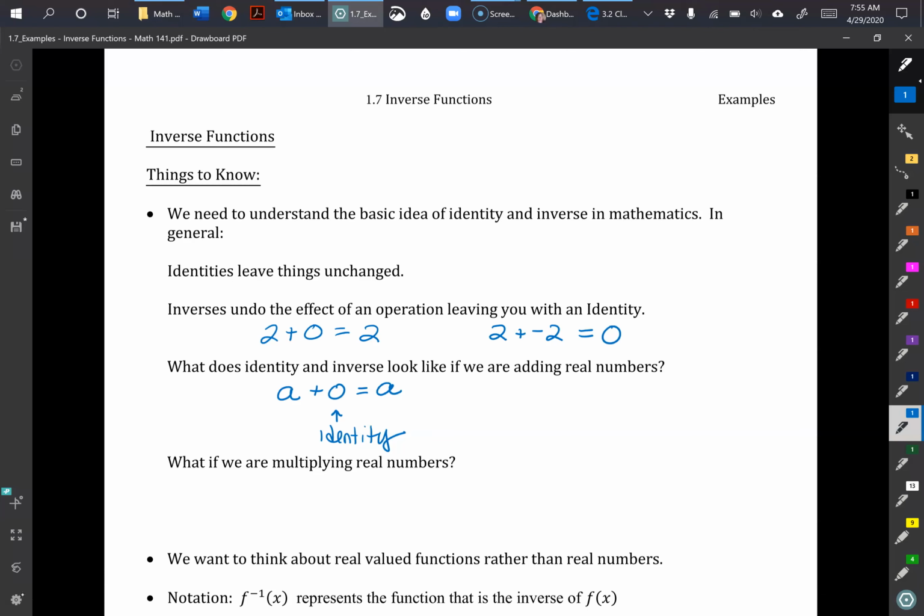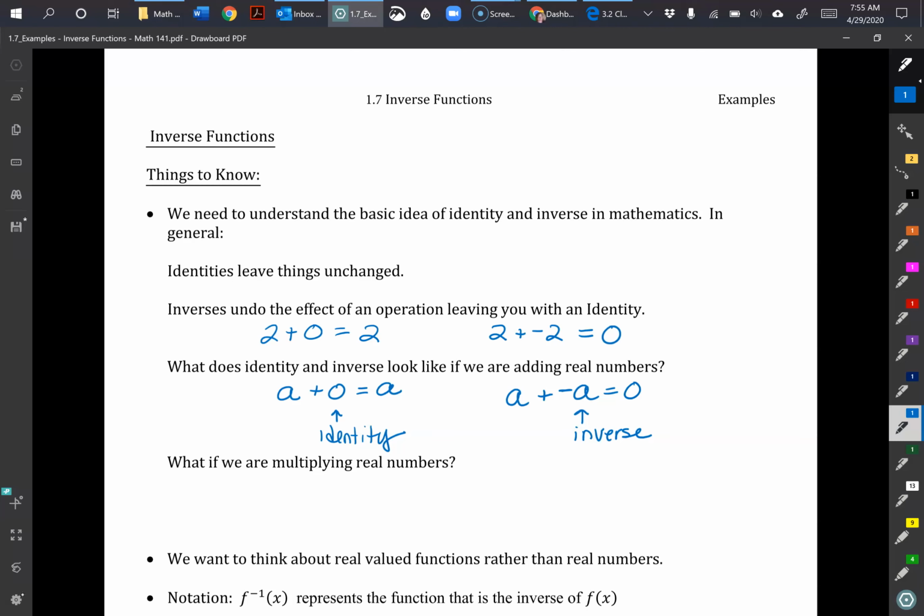Okay, so that's called the inverse, right? So I'll write it in general. If I'm adding the opposite, I'm doing the inverse operation. A lot of times we just say opposite, but it's really inverse.